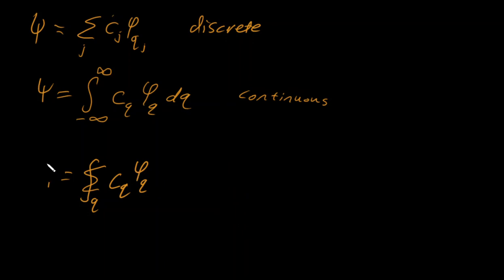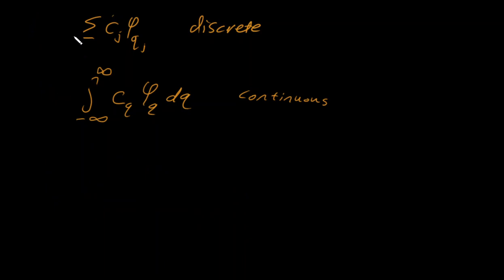And so now, for any observable q, we should be able to write the wave function psi as a superposition of c sub q phi sub q.